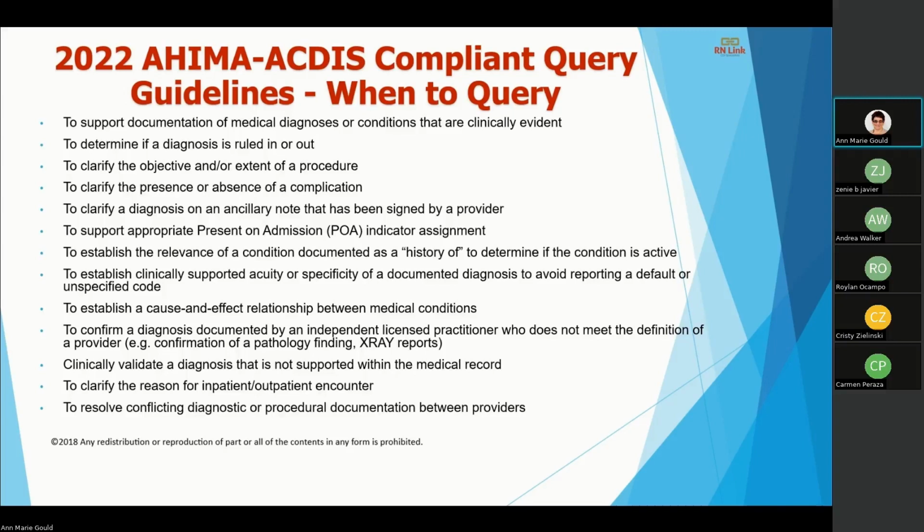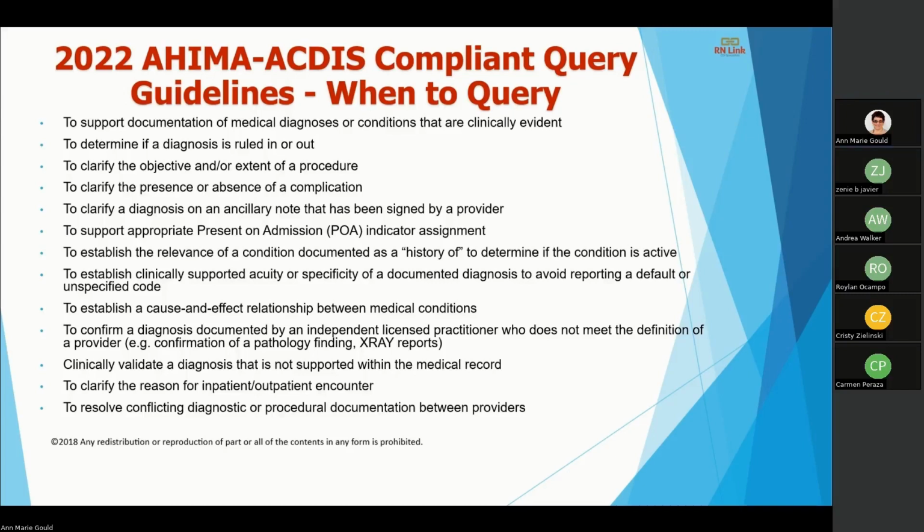Maybe they just have a history of, they no longer have AFib. So that's something that you definitely want to look at. Another history of, if they have DVTs, they have a history of DVT, but they're still on anticoagulation. They're going to be on anticoagulation lifetime. So is that a chronic condition then for that patient?